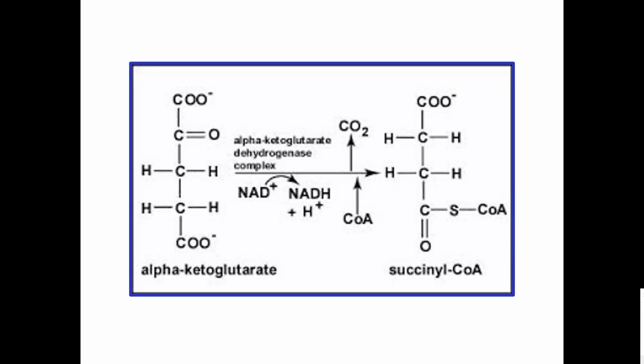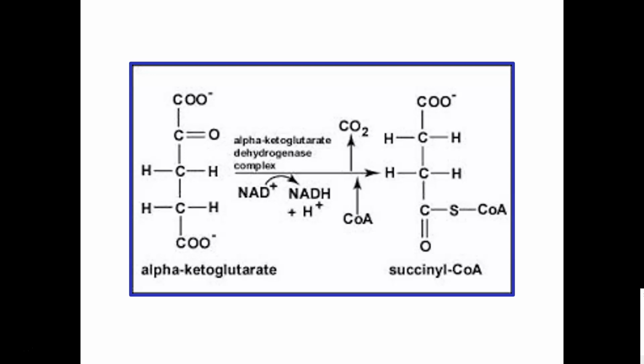We lose another carbon dioxide, and we oxidize alpha-ketoglutarate, meaning we reduce NAD to NADH plus H. CoA is also a cofactor here. It's swooping in and accepting succinyl in a high-energy bond. So there's a lot of parallels between what the PDC does to make acetyl-CoA and what the alpha-ketoglutarate dehydrogenase complex does to make succinyl-CoA. Again, we'll talk about that later on this week in the challenge questions.